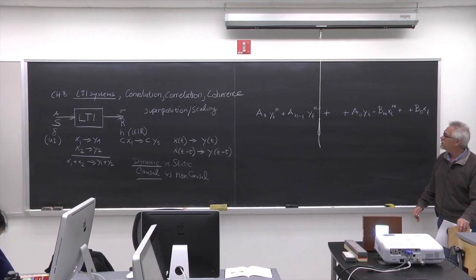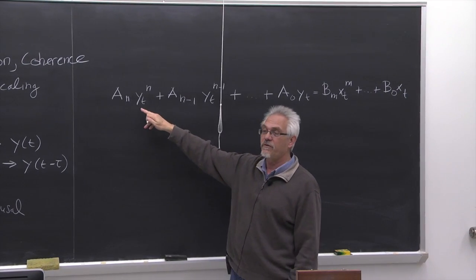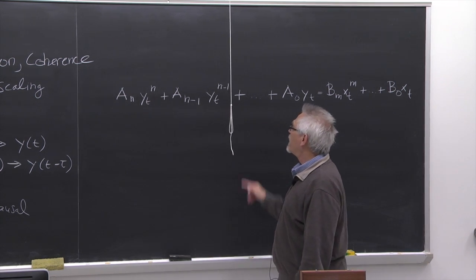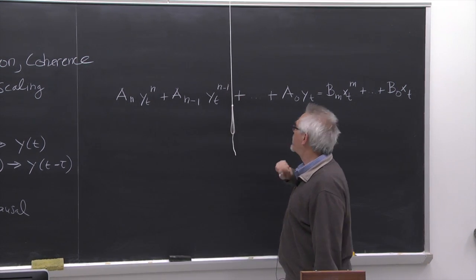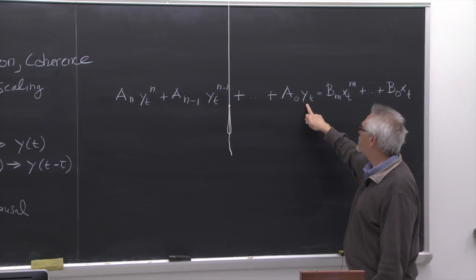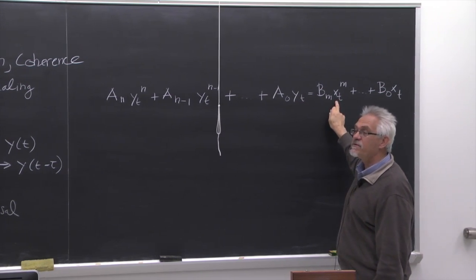You have basically a set of terms with different levels of derivatives. So the n means the nth derivative, and the n minus 1, the n minus 1 derivative. And this one is the function itself, so not a derivative. This is the output, and this is the same series for the input.